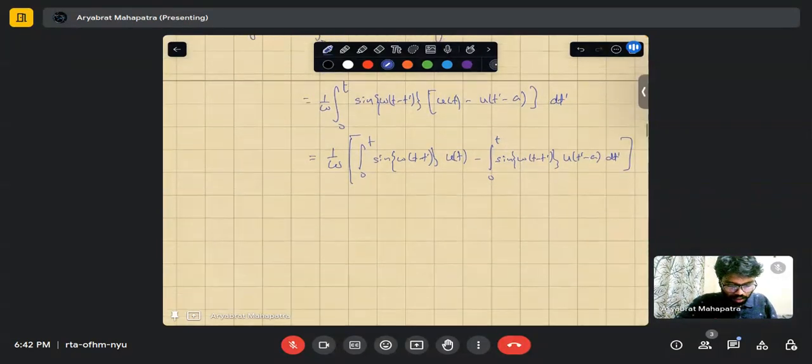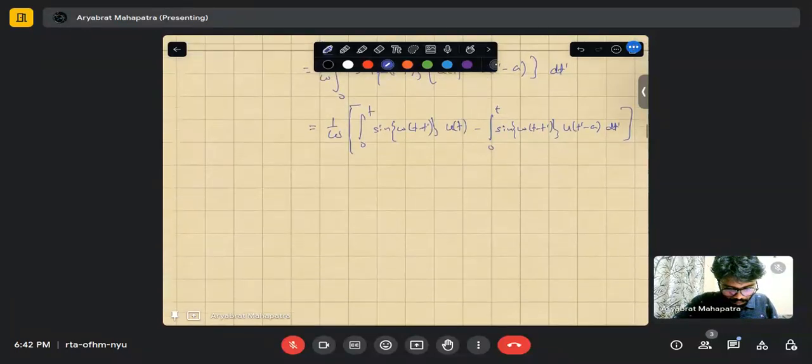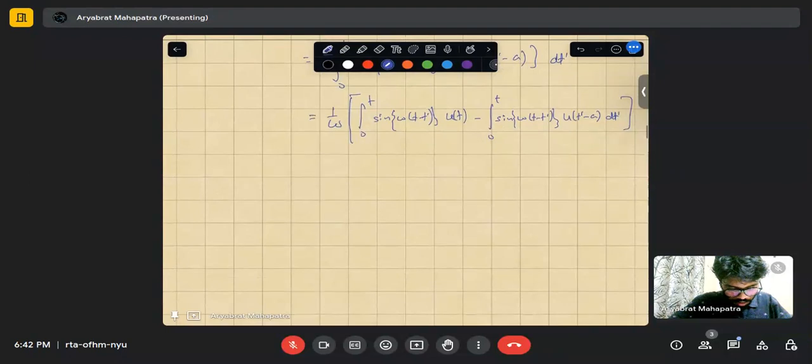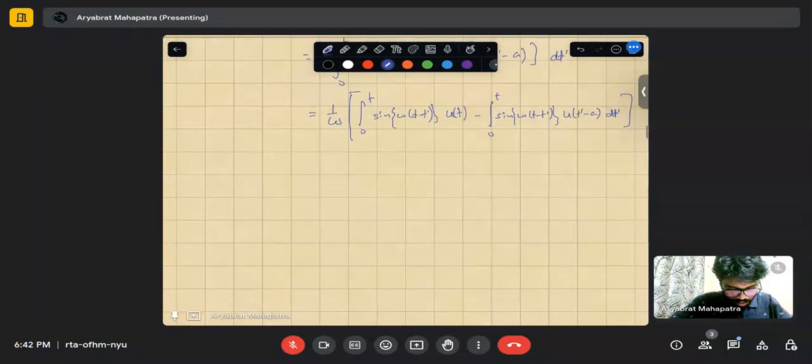Okay, so then basically what you have to do is pick a case where t is less than a, and then the case where t is greater than a.